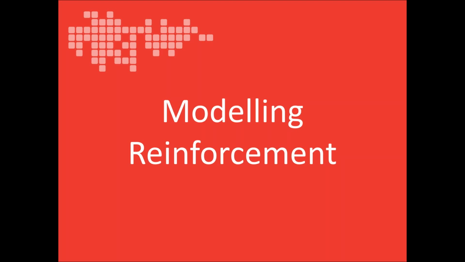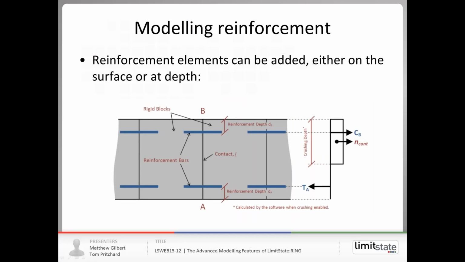Okay, so moving on to the last of the modelling features I wanted to cover today, modelling reinforcement. Since LimitState Ring 3, it's been possible to add reinforcement, and that can be added either on the surface of the intrados or extrados, or at some depth within the masonry.